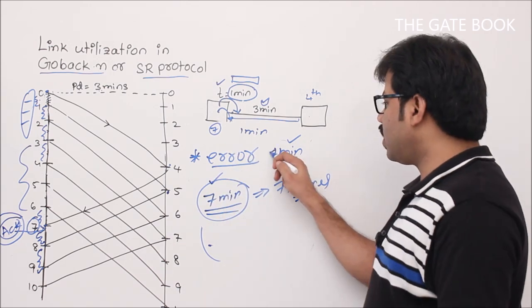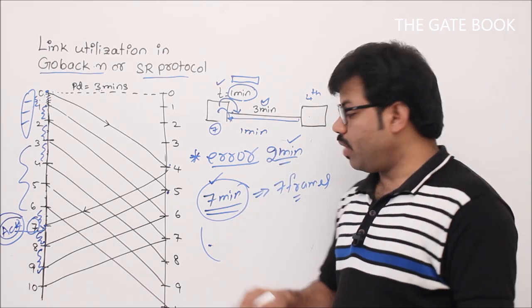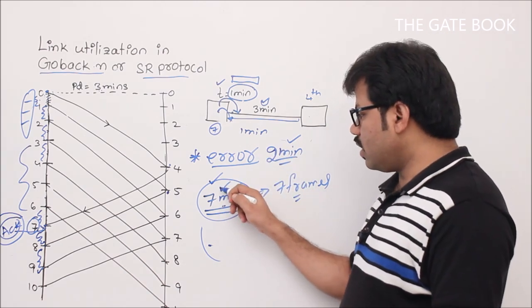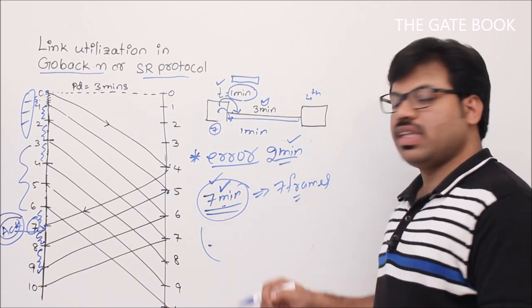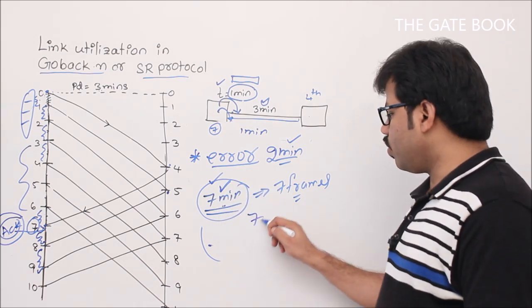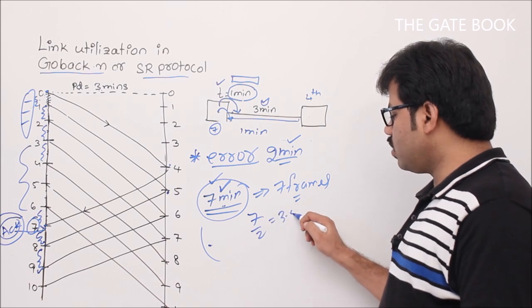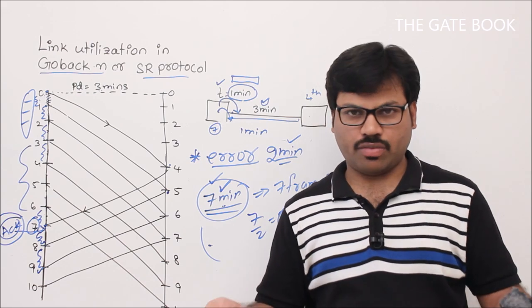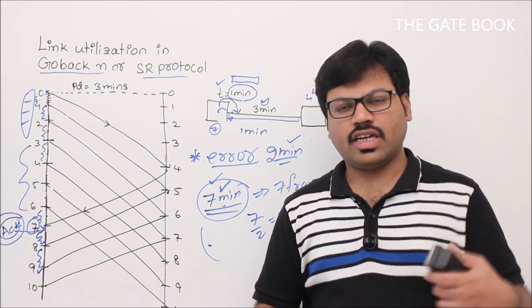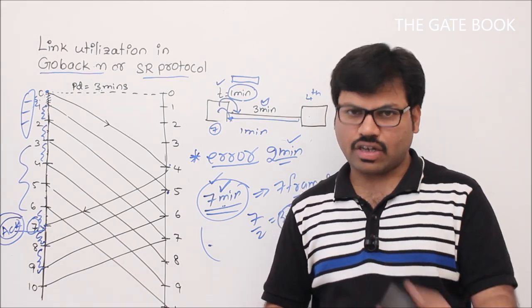Example, your transmission time is 2 minutes. Then up to 7 minutes to transfer the data, what should be the window size? Simple, 7 by 2, 3.5. That means you should have at least 3.5 frames, that means 4 frames. Then only we can send without waiting for anyone or any acknowledgement.